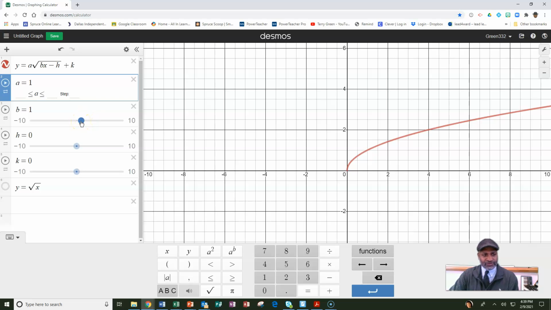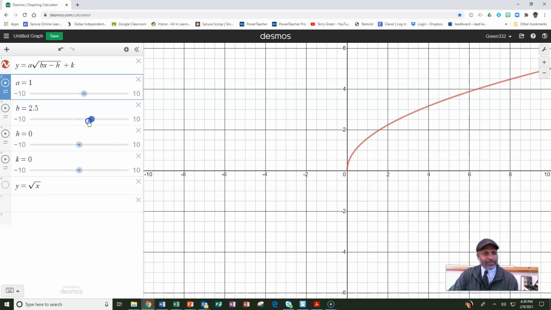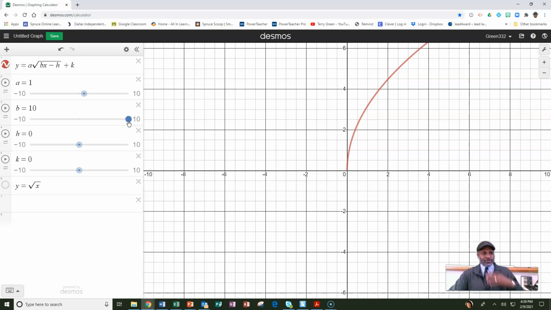B controls the horizontal stretch. So when B also stretches, this is actually what's called a horizontal compression. So this is actually what's happening. The graph is being squeezed.